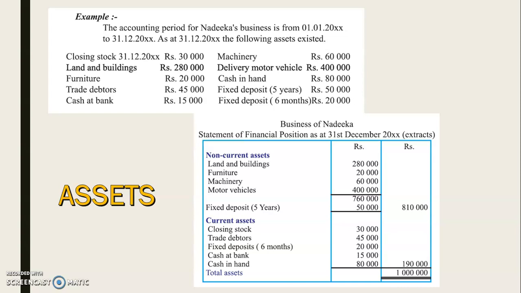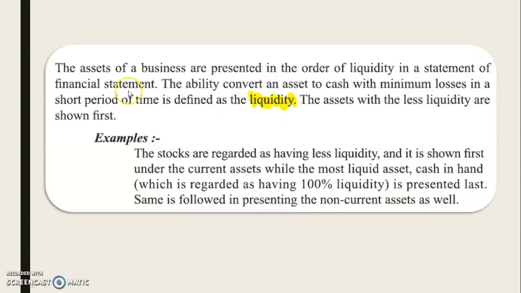One main thing you should focus on here is that the assets of a business are presented in the order of liquidity. So what is liquidity? The ability to convert an asset to cash with minimum losses in a short period of time.